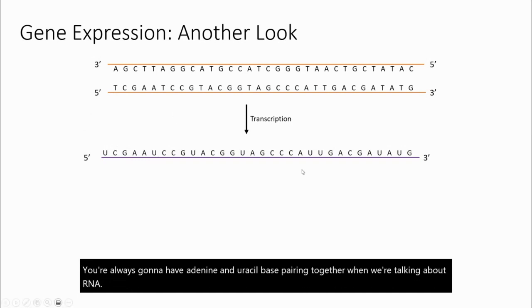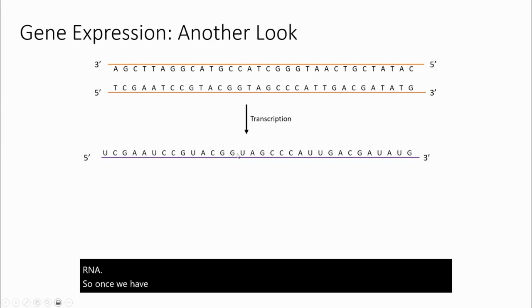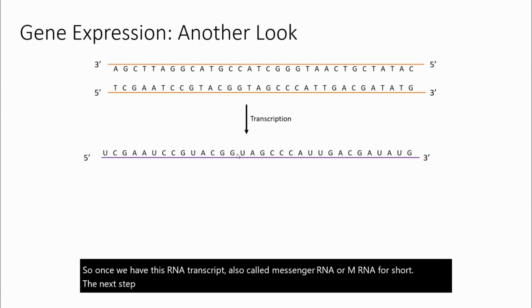Okay, so once we have this RNA transcript, also called messenger RNA, or mRNA for short, the next step in gene expression is to use this messenger RNA to create a protein. And that process is called translation.